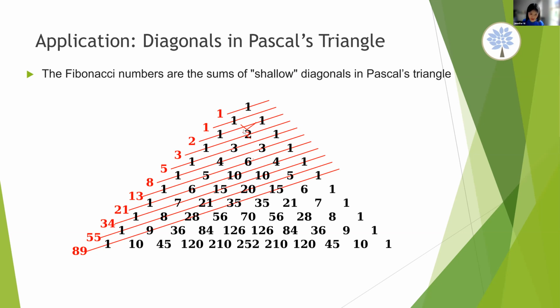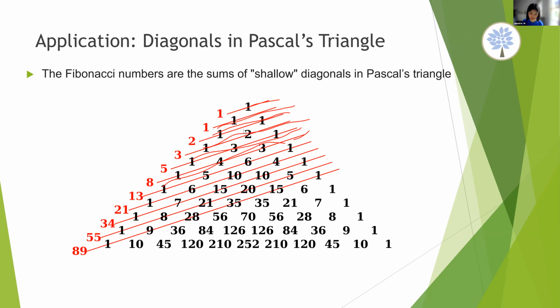The Fibonacci numbers are the sums of shallow diagonals in Pascal's triangle. If you take a look at the picture, shallow diagonals have a common slope that is less than that of these diagonals, in which the first two shallow diagonals have one term, the next two have two terms, and the following have three terms, and so on.